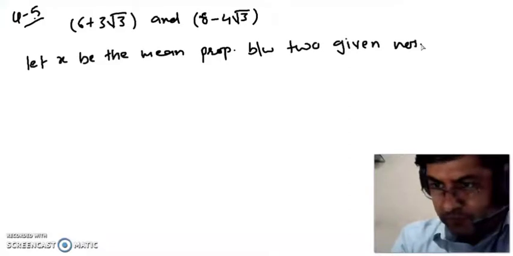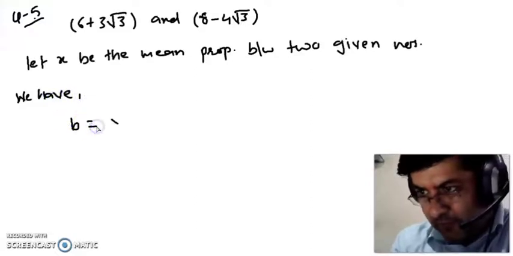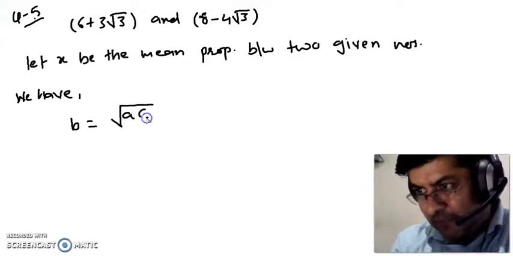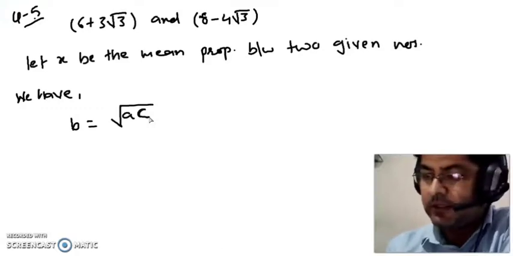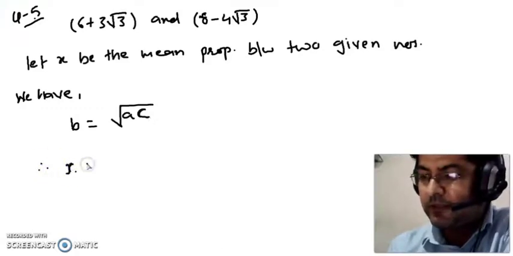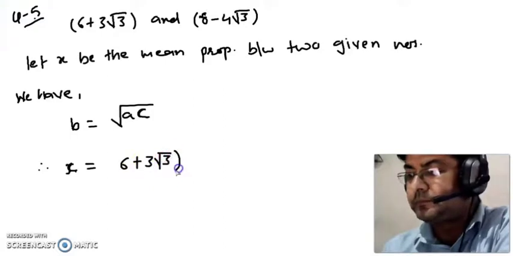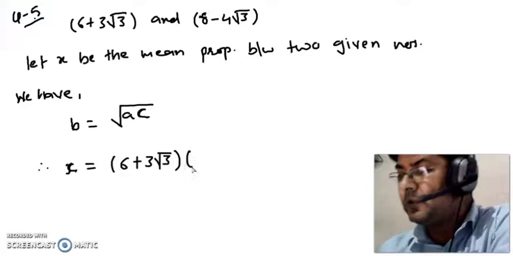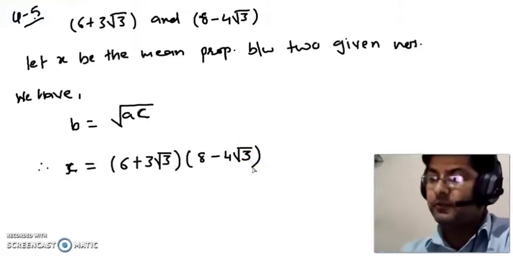We have the formula b is equal to square root of ac, where a is the first number and c is the second number, and b is the mean proportional. Here b is x, which we have to find, equal to the square root of 6 plus 3 root 3 into 8 minus 4 root 3.